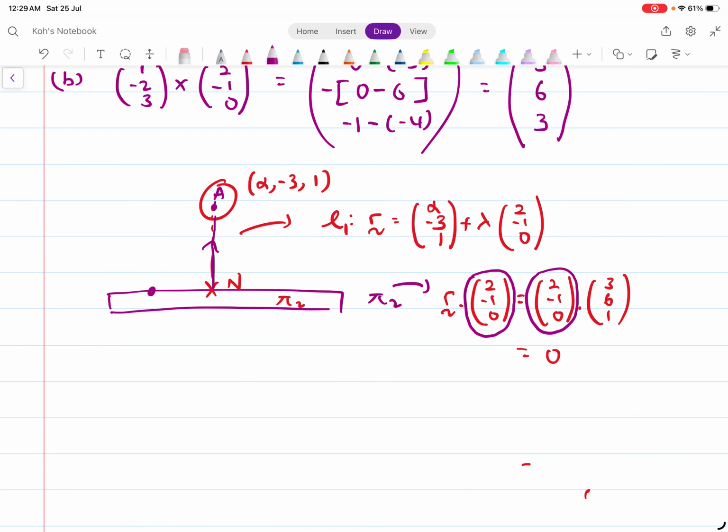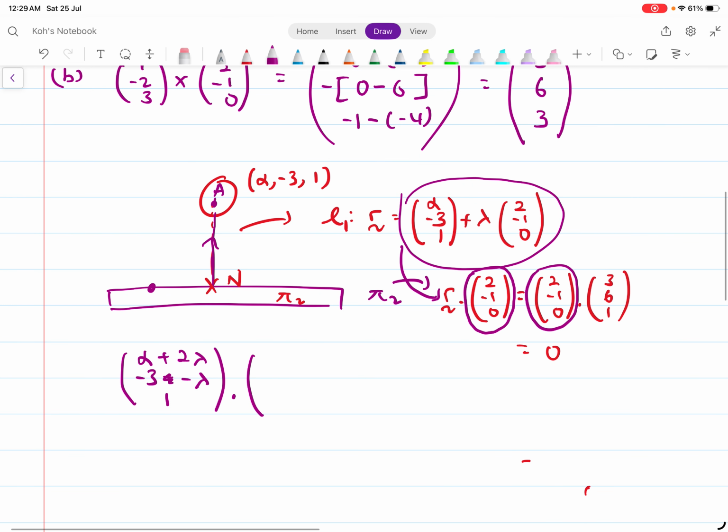Based on this, I substitute into the line: (alpha + 2 lambda, -3 - lambda, 1) dot (2, -1, 0) is equivalent to 0, because I calculated it here to be 0.